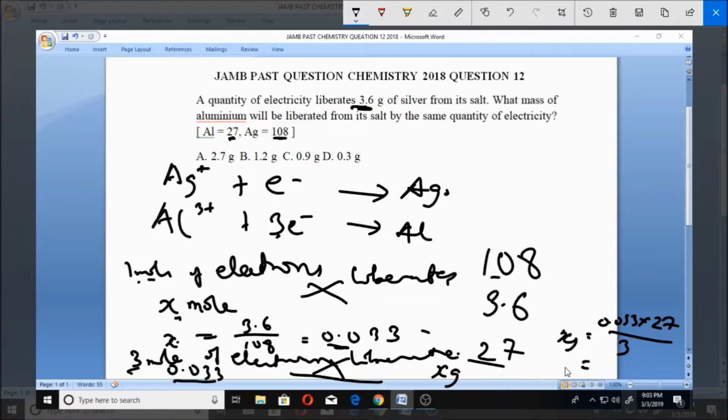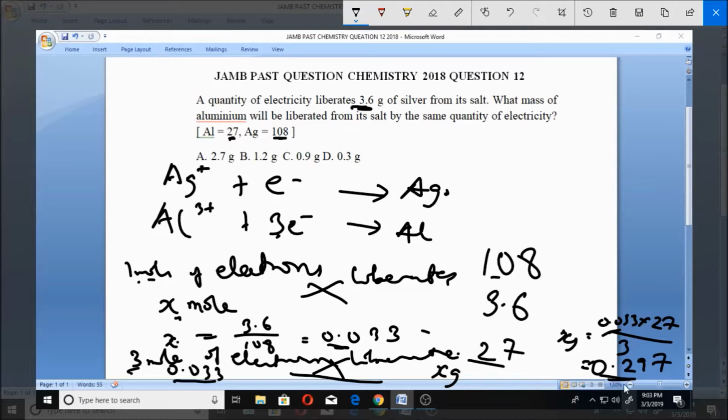If you press your calculator, 0.033 times 27 gives 0.891, divided by 3 gives 0.297.